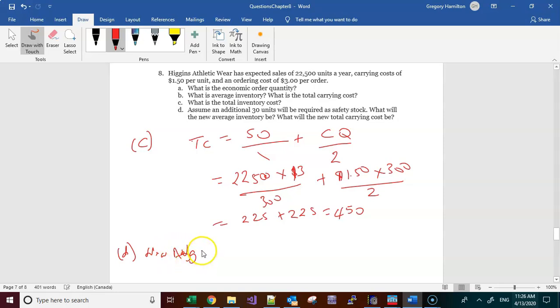the new average inventory is equal to the old inventory, which was EOQ over 2, right? Plus now we're going to add a safety stock.